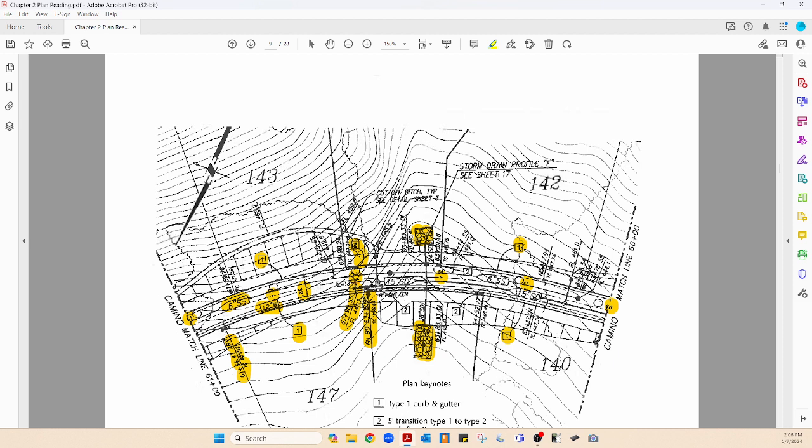That doesn't look like the center line of anything to me, unless it's the center line of the curve, but I don't think so. Let's read on and see if we get a little bit more light on it.